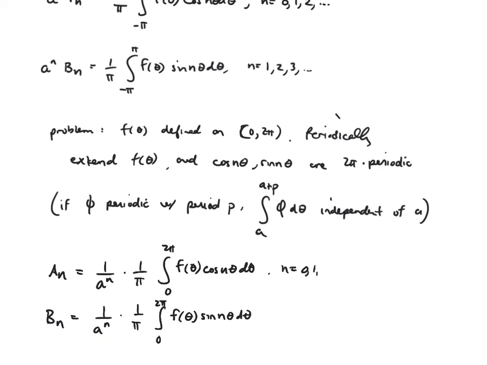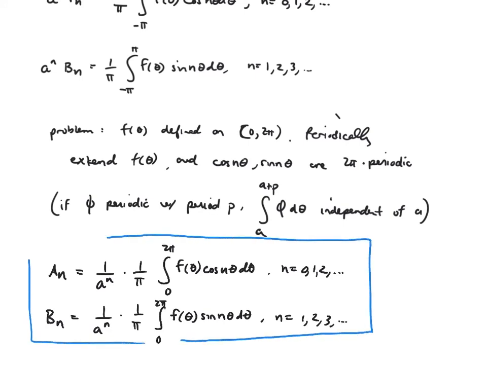Here n equals 0, 1, 2, and n equals 1, 2, 3, all the way up. All right, so those are the coefficients. And we've got the full solution. Given an f of theta, plug it in, crank out those coefficients, and we've got the full series solution.